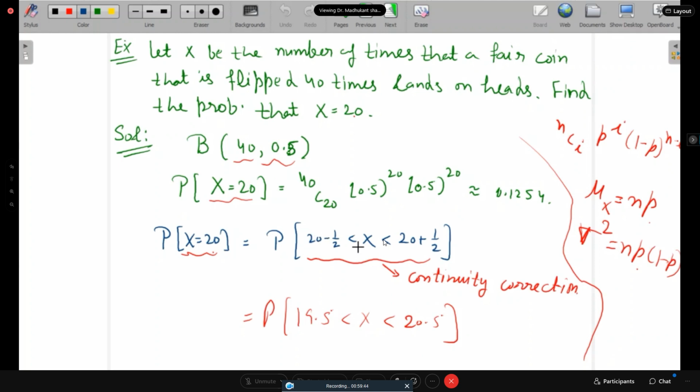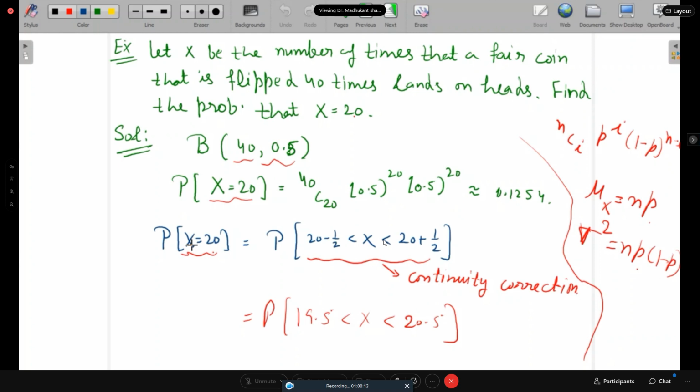Most of the time people subtract half and add half. This is what is known as the continuity correction. Either you take x equals 20 or you take 20 minus half less than x less than 20 plus half. Both are the same thing whenever you are working on a set of events.